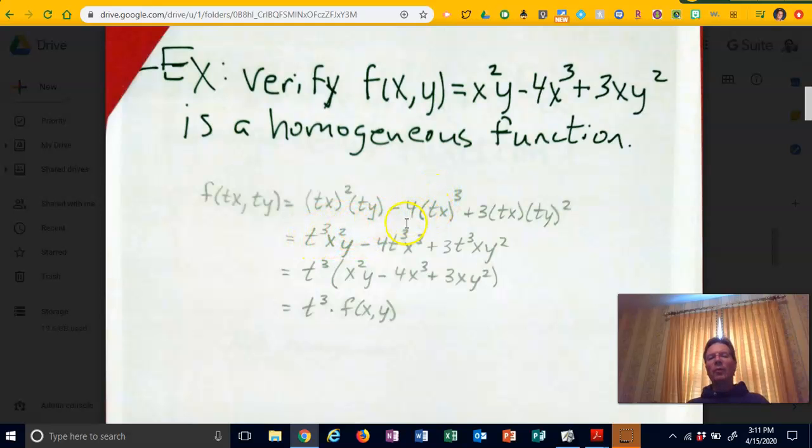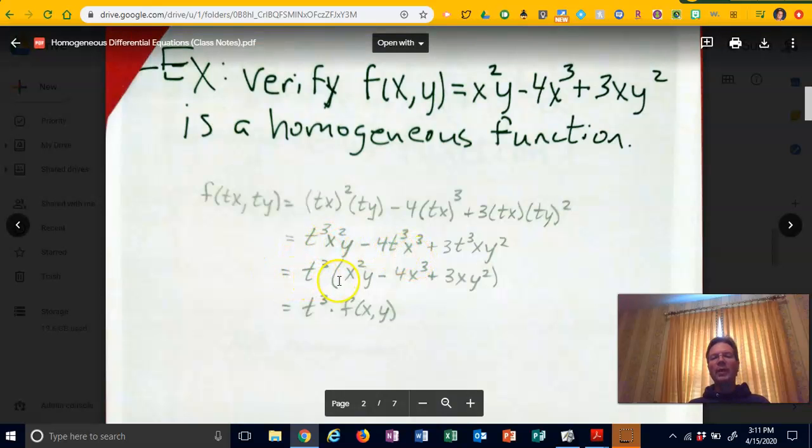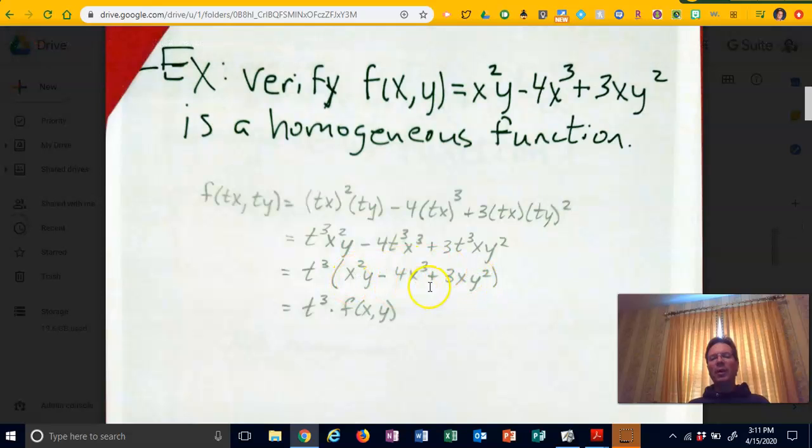My second term will be negative 4 times, and I'm going to cube tx. So I get t cubed x cubed. And then my last term, I'm going to square the ty, multiply it by tx and 3, and if you're careful, you'll get 3t cubed x y squared. So as I look at all 3 of these terms, they all have a t cubed in them. So I'll factor the t cubed out, and look at what's left in parentheses.